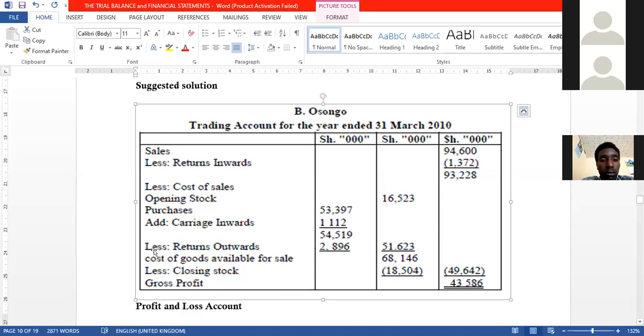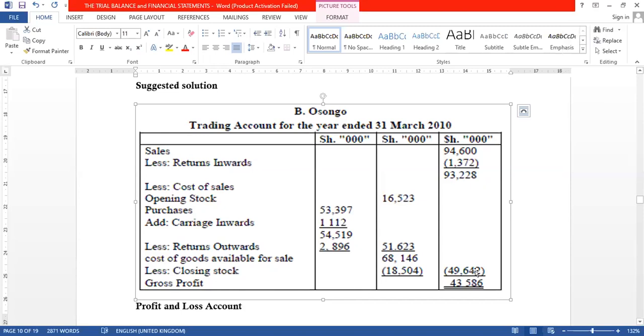Then you less return outwards to get 51,623. When you add that to opening stock, you get that the cost of goods available for sale is 68,146. From that figure, you less closing stock, and you get 49,642, which is referred to as the cost of sales.